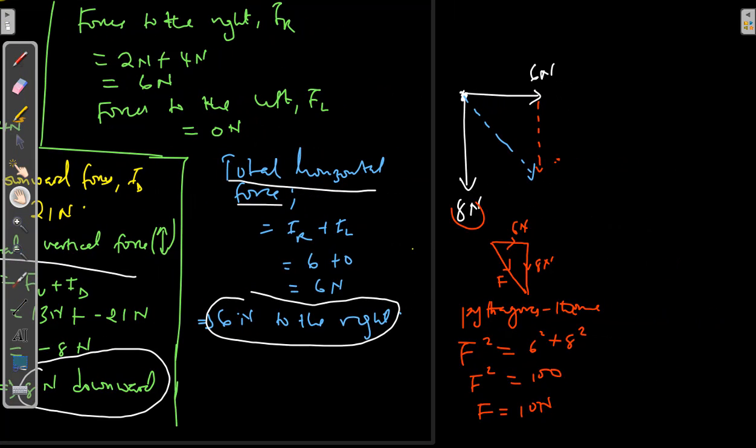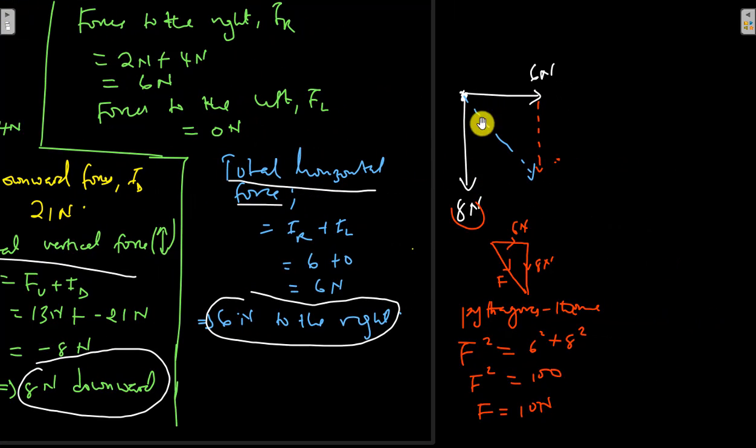That's the magnitude. Let's find the direction. So this is going to be our direction. Let's call that direction alpha. Let's use tangent. So tan alpha is going to be the opposite, which in this case is 8 divided by 6. Let's put this on the calculator.